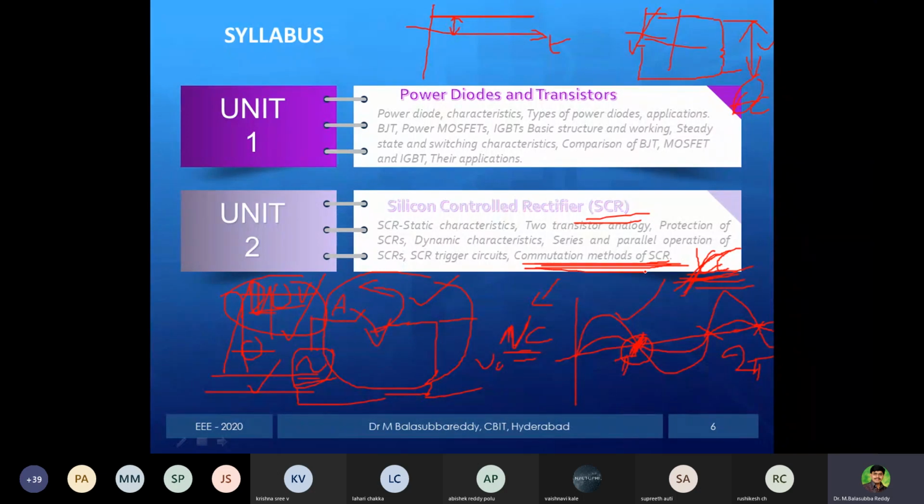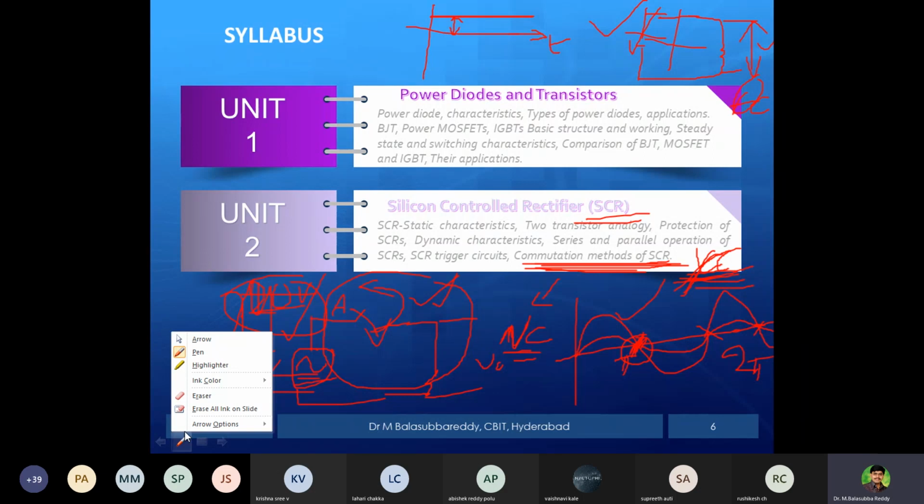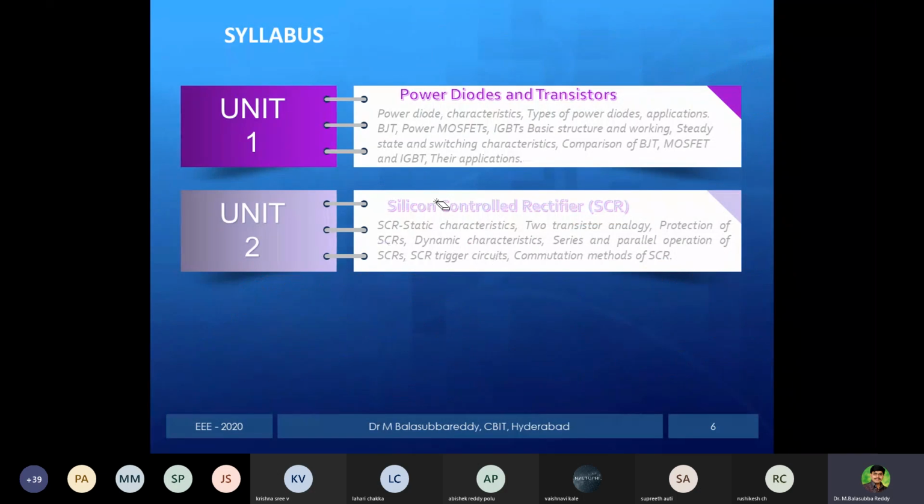Those circuits deal with whether it is natural commutation or forced commutation. Both commutation circuits we are able to see in this unit. That is about the second unit.